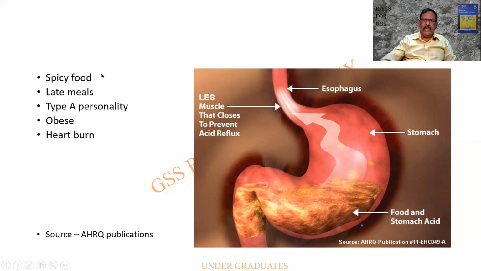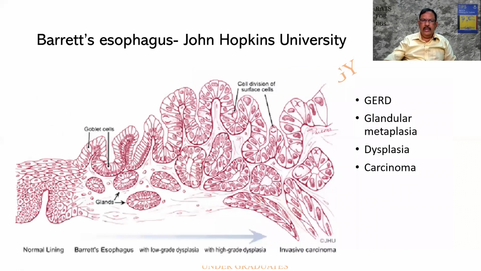This can happen after a spicy food, late meals, in type A personality, people who get irritated frequently, obese individuals, and they present with what is called as a heartburn. Heartburn in the sense the heart is burning. Not really, but it is a gastroesophageal reflux disease, GERD, otherwise called the Barrett's esophagus.